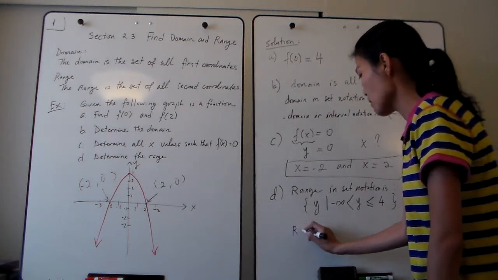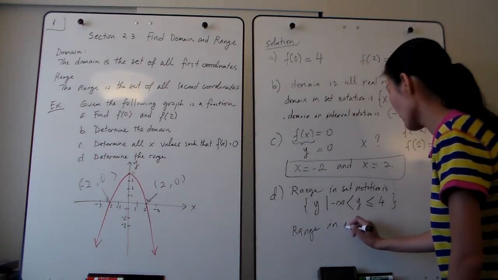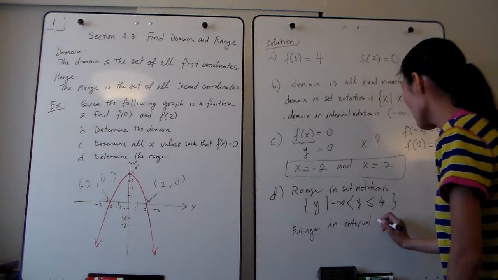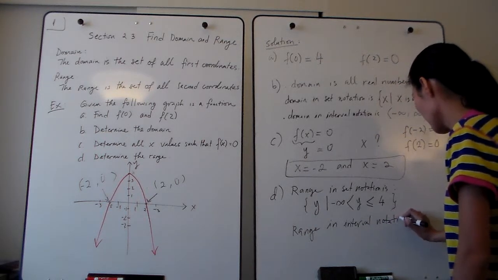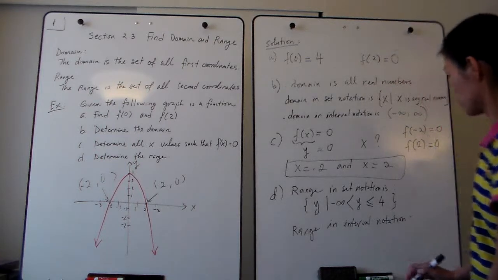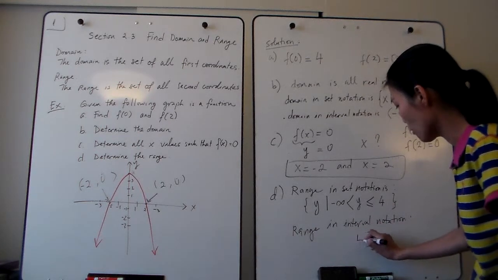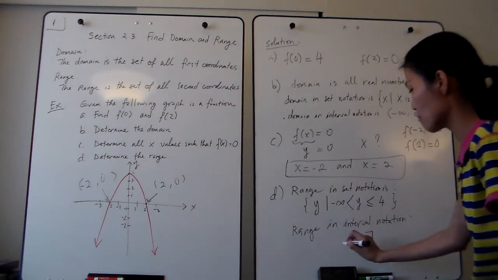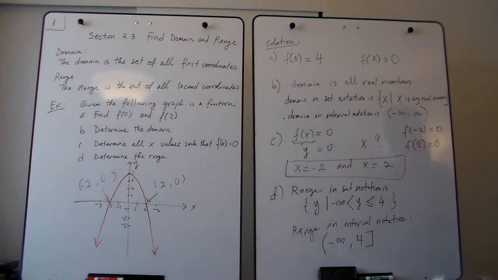Now we can write this in interval notation. So we know the right endpoint we include, right? So we bracket 4. And the left endpoint is negative infinity, right? So we don't know how small it is. We use parentheses.